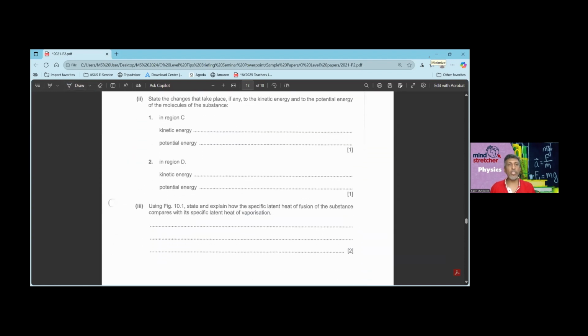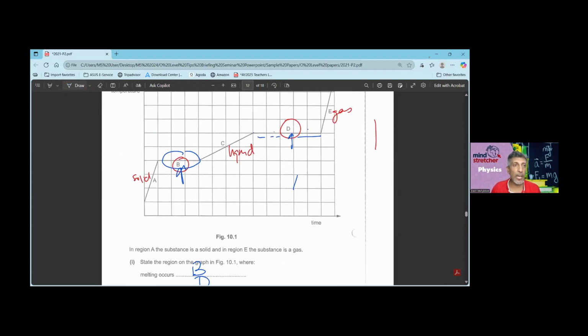Next, state the changes that take place, if any, to the kinetic energy. In region C, the liquid is just getting hotter, so temperature increases.